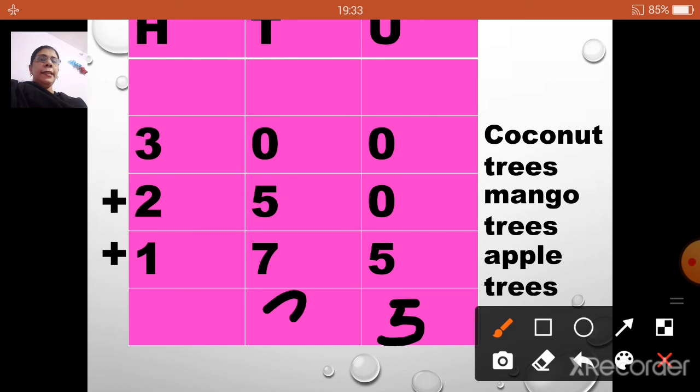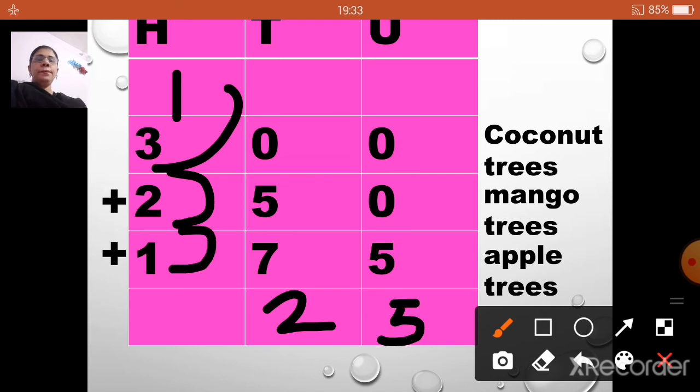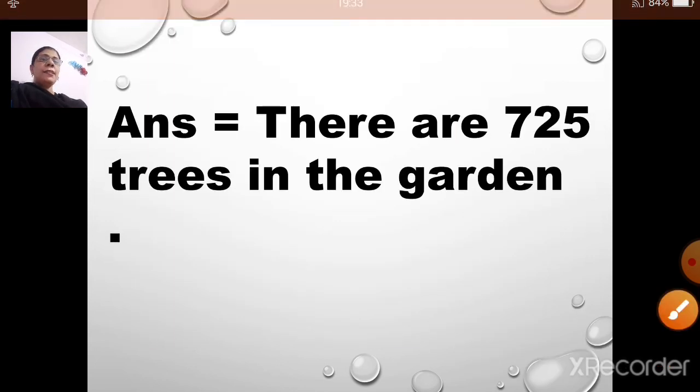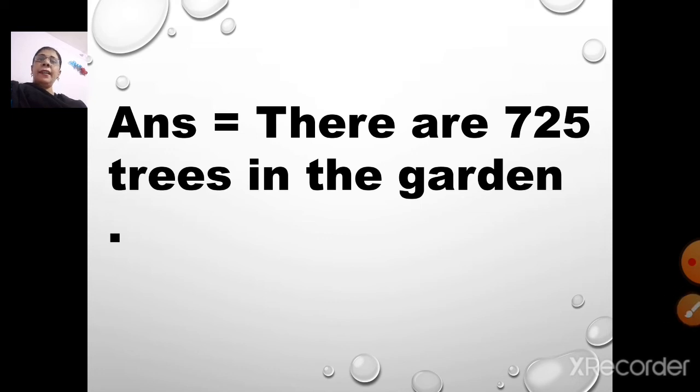So I will write 2 here and carry over 1. 3 plus 1, 4. 4 plus 2, 6. 6 plus 1, 7. So you get your answer 725. How are you going to write your answer? There are 725 trees in the garden.